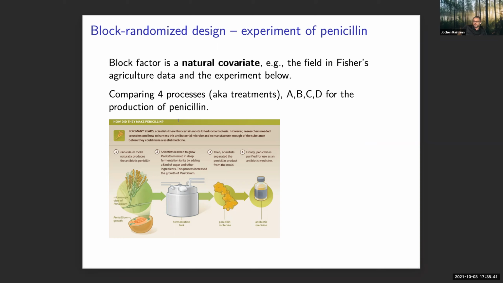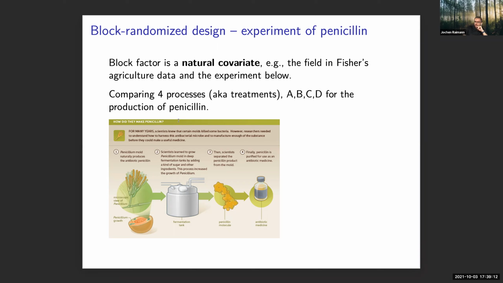So it is important to keep in mind that all of this essentially matters, and you need to understand each part of it to essentially draw inferences out of this. So this was the Fisher agriculture data, and this is the experiment that he did.